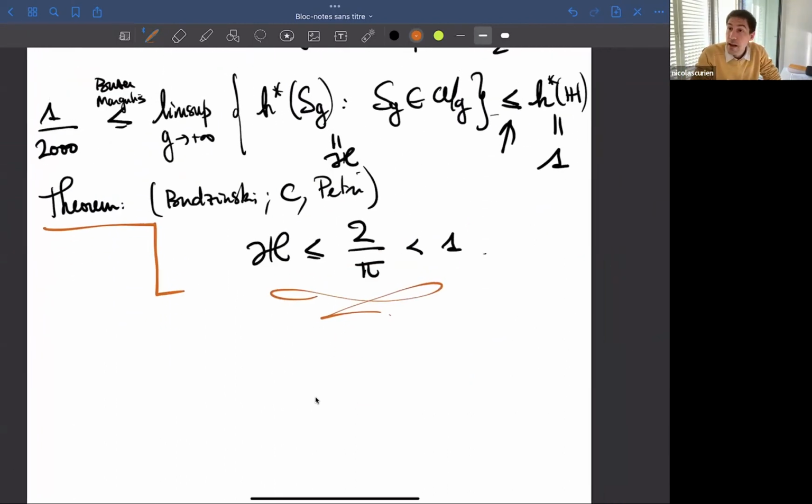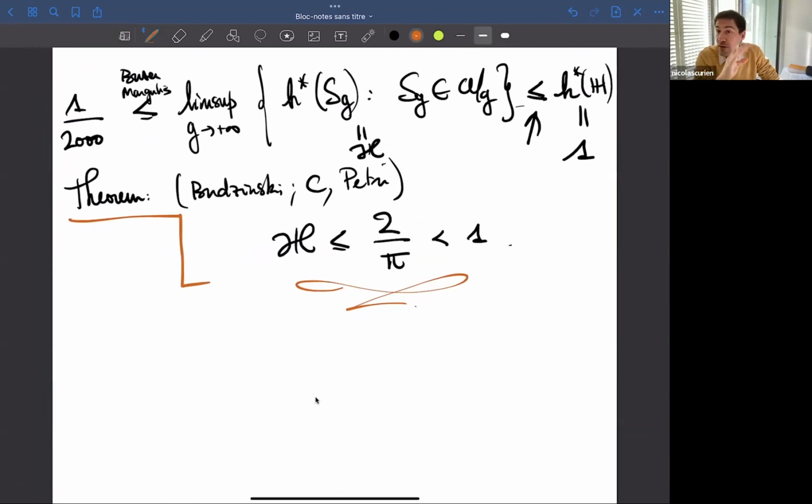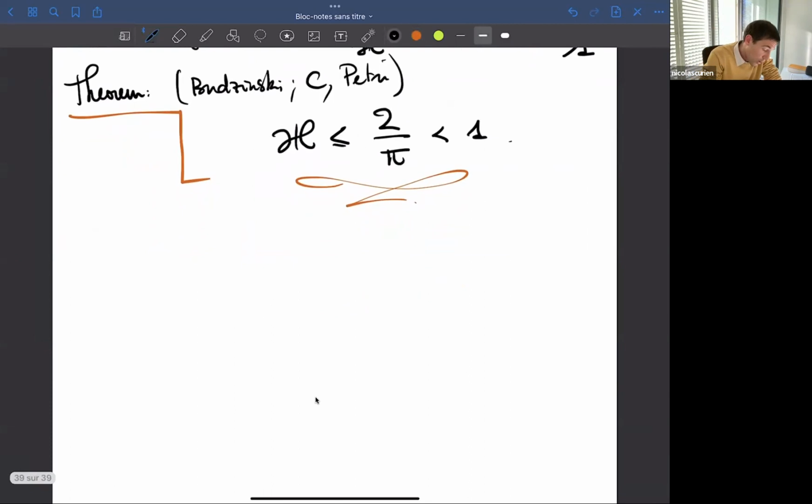Okay, so even if you're not familiar with hyperbolic surfaces and so on and so forth, try to hang on, because there are some nice geometric facts, very aesthetic, that will come in a few minutes. So let's start the proof. And let's try to mimic exactly the proof of Bollobás.